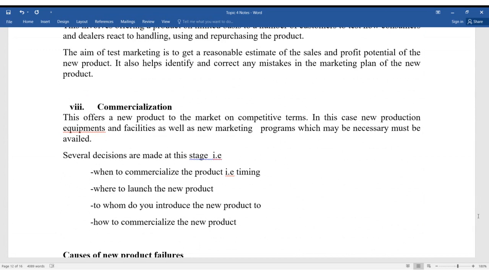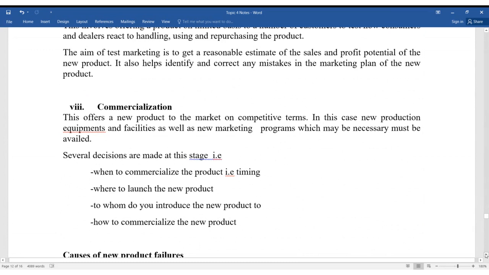You'll find at the portal 1,001 questions related to this topic. You'll find them on PLC, on product development process, that is new product development, on innovators, that is adopter categories. You'll find them on product classifications, levels of products. So you'll find questions there, and you need to answer those questions.